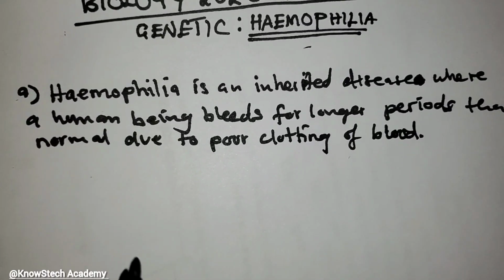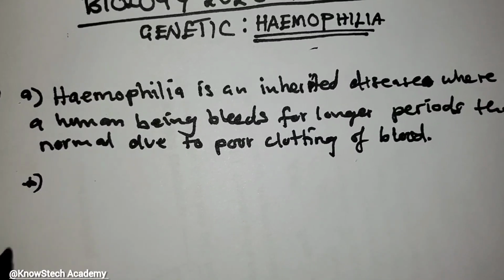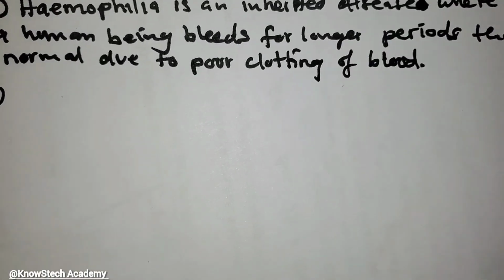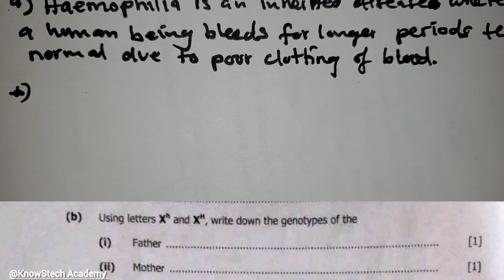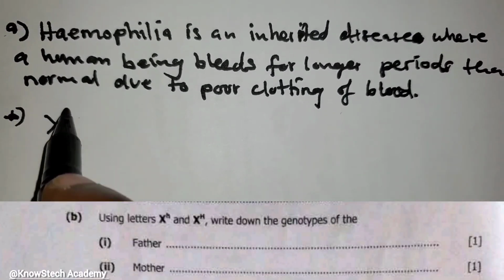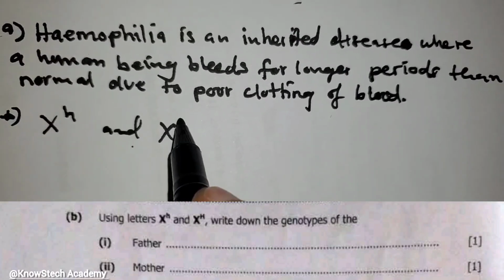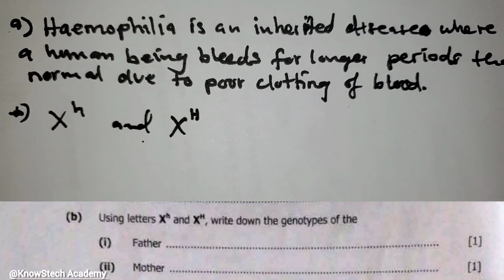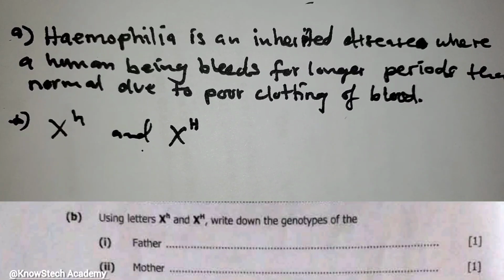That is hemophilia. The second question, which is question B, says, using letters X and Y, this is small letter h, this is capital letter H, write down the genotype of the father.